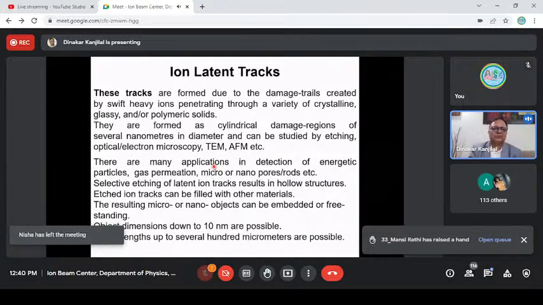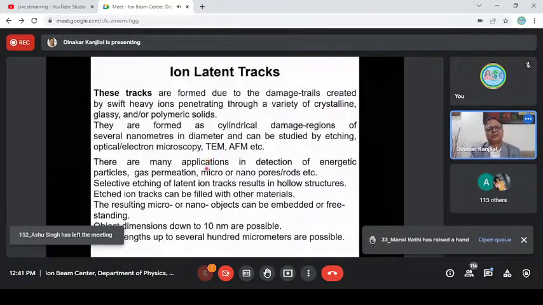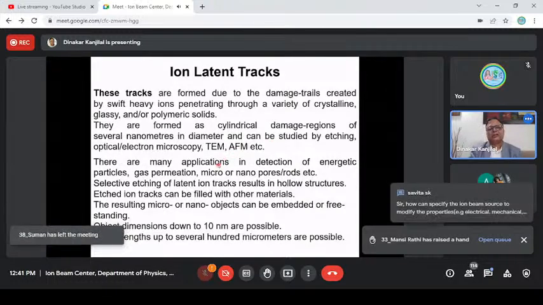It was easy to count them and see how many particles there were, and by seeing the diameter, they could tell what kind of species might have gone through, what kind of ions were there in the interterrestrial region, all those things. And nowadays TEM also gives a quick view, and AFM gives this kind of structure.